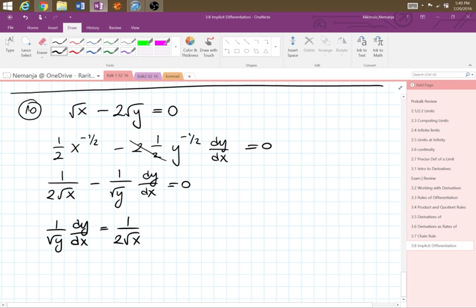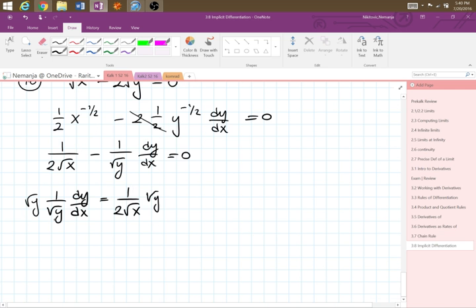Multiply both sides by root y to get rid of the fraction, and then dy/dx stays alone, and we get square root of y over 2 square root of x. Now you can go be cute and rationalize and do all the other things, but in a nutshell, we're done.